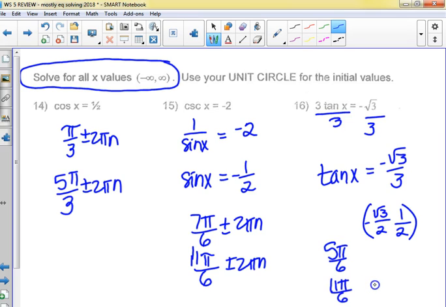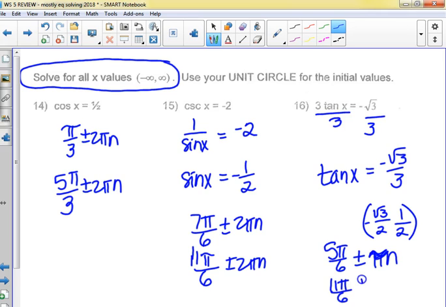I'm fine with you putting down both of them, but tangent has a period of pi, right? Oh, that's supposed to say plus pi n. And those are straight across from each other, right? If you put both of those and put plus or minus 2 pi n, I wouldn't count it wrong.